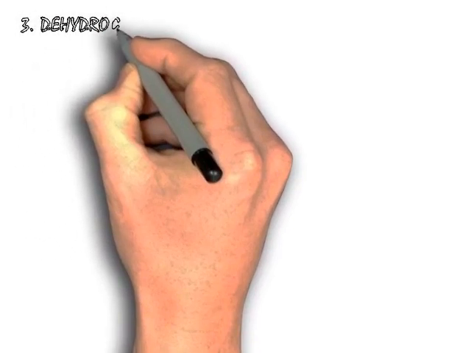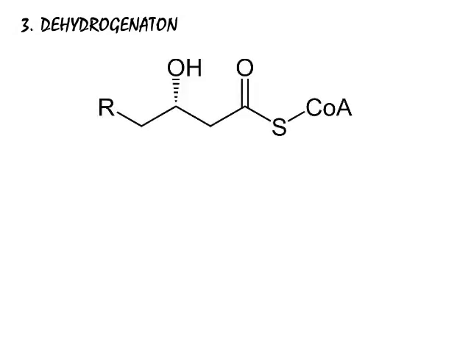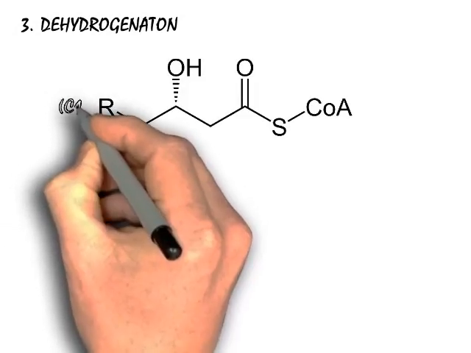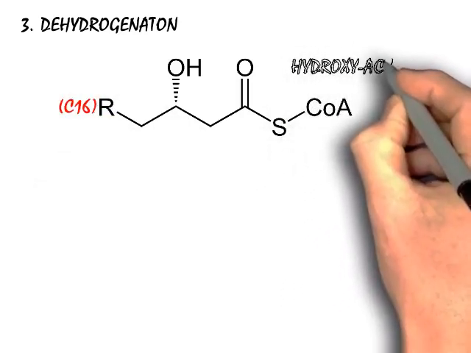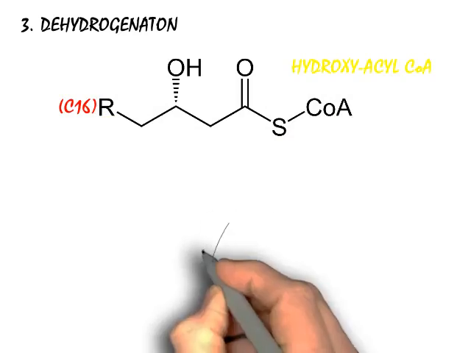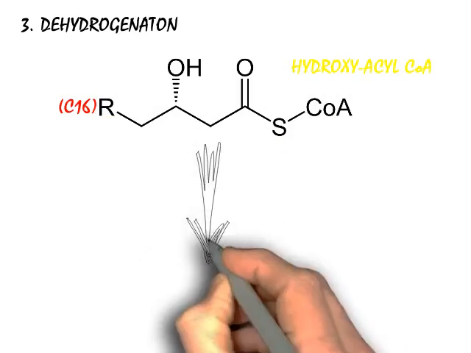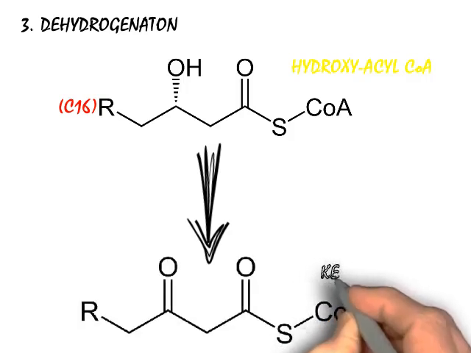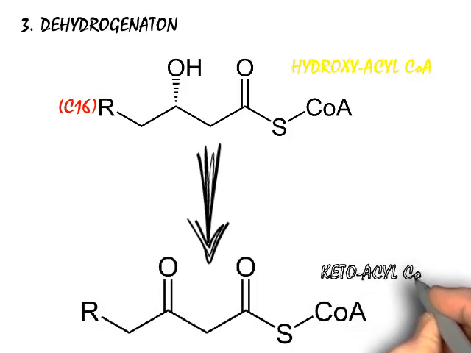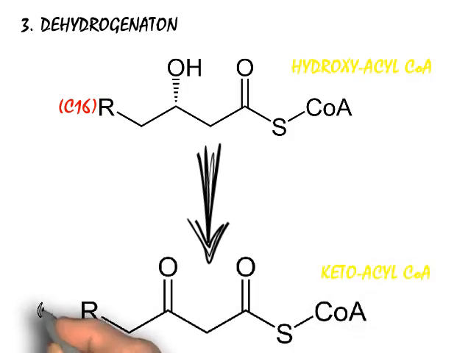Now we'll talk about the third reaction, that is the dehydrogenation reaction. And in this reaction, beta hydroxyacyl-CoA gets converted into beta keto-acyl-CoA by the help of an enzyme, beta hydroxyacyl-CoA dehydrogenase.